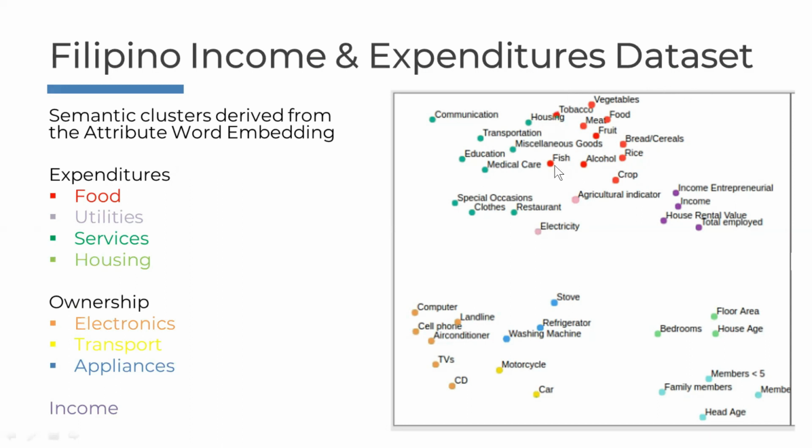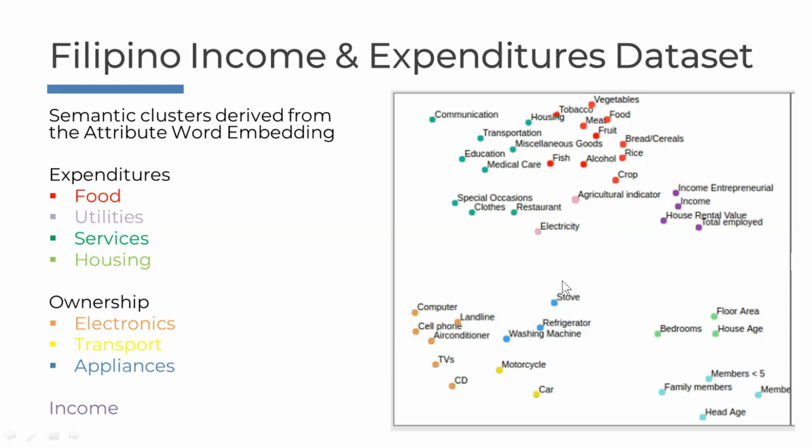So for example, the red ones up here are all food items like vegetables, tobacco, meat, fruit, bread, cereals and rice. And on the left of it are services: communications, transportation, education, medical care, special occasions, and so on. Then below here are the utilities, electricity and agricultural. Then the bottom left are the electronics, computers, TVs, and so on.